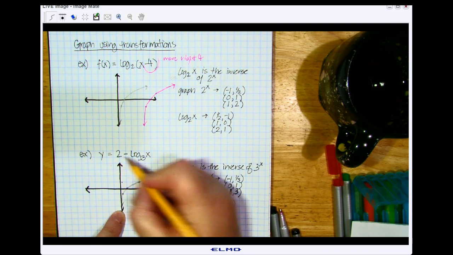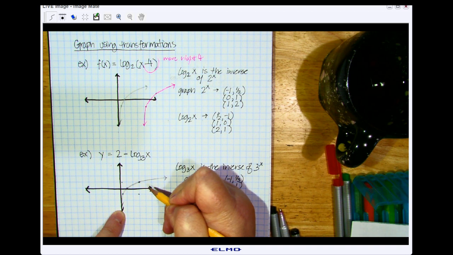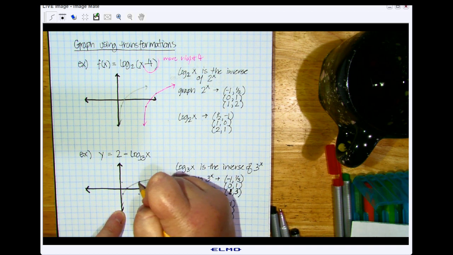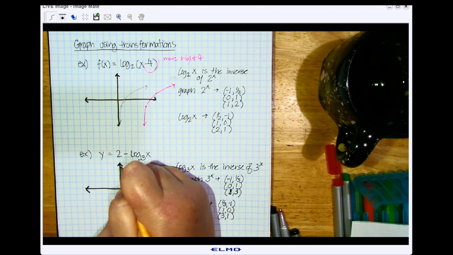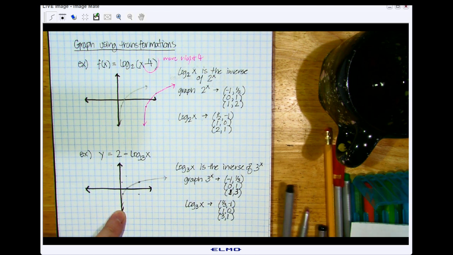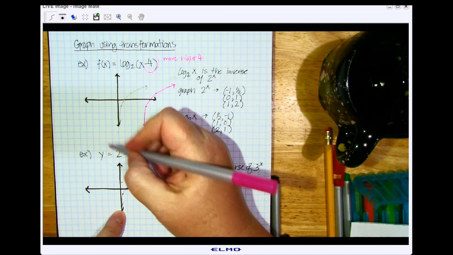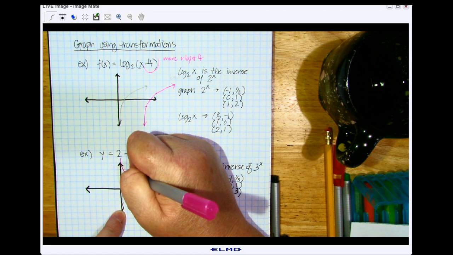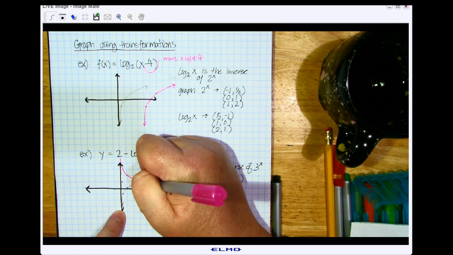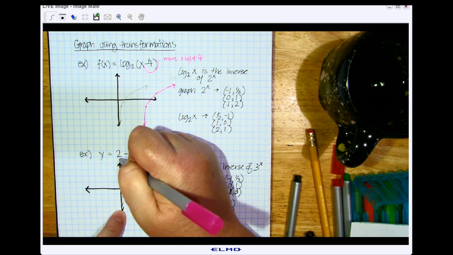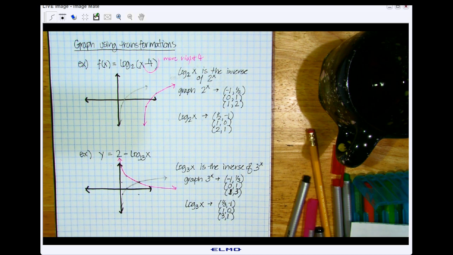And what's that 2 going to do? Meaning I'm going to be there, there, and there. Alrighty? Seeing how the transformations work again.